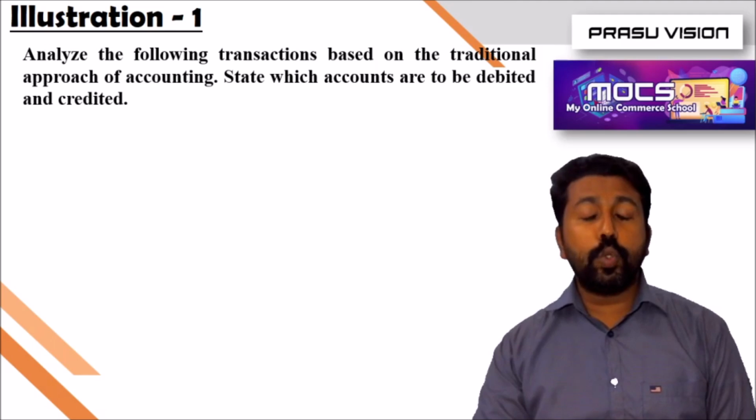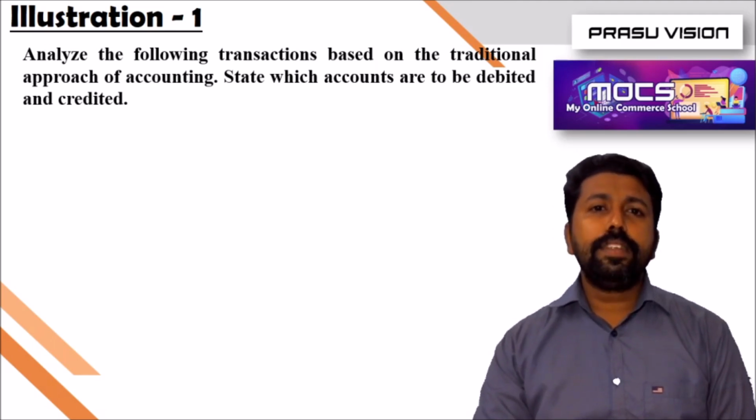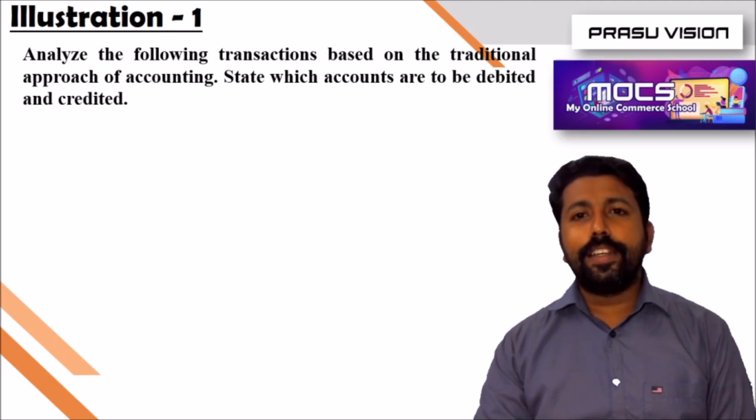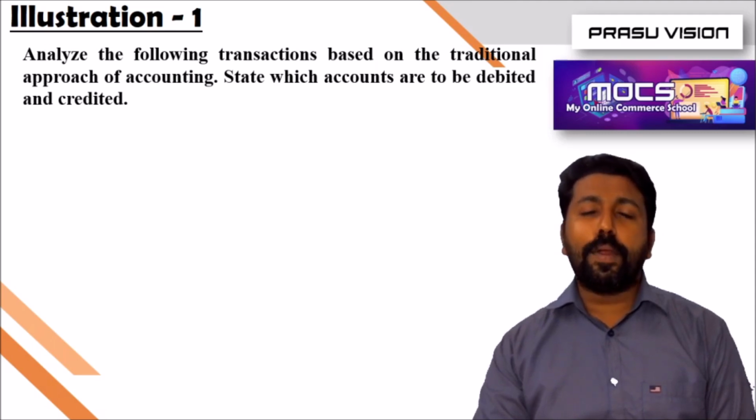Two different accounts are obtained from a single transaction and recorded, one particular account on the debit side and another account on the credit side. It will be very clear while solving this problem.